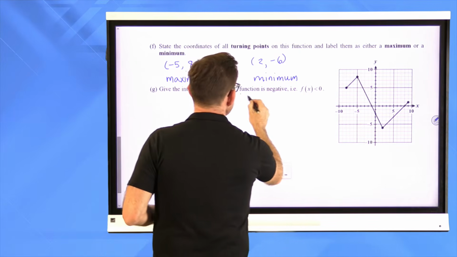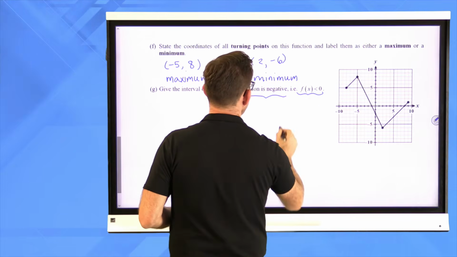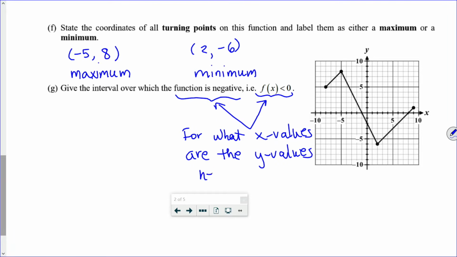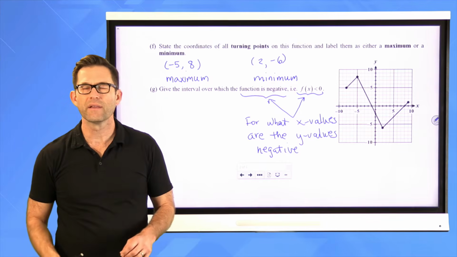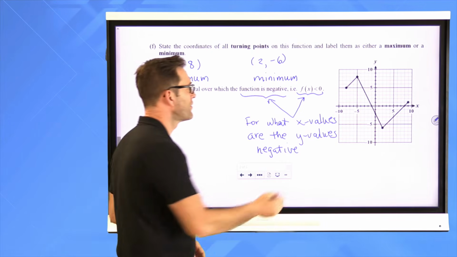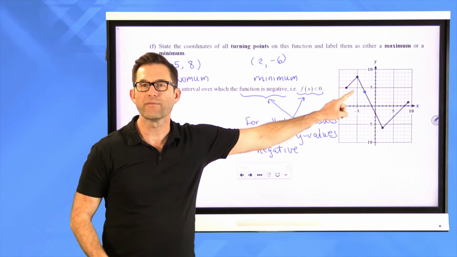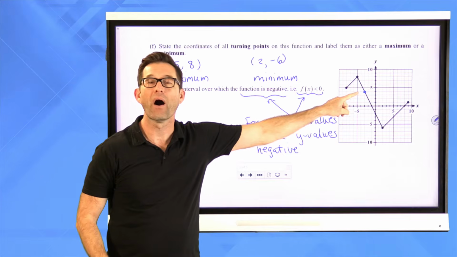Now, when I say this or this and they're equivalent, what I'm saying is really for what x values are the y values negative. Now, just think about it for a minute, right? Like if I picked a random point on this graph, like right here, let's say, that point on the graph has coordinates (-3, 4).